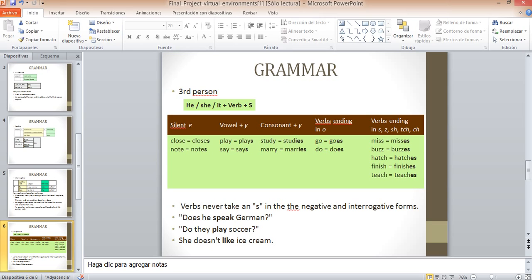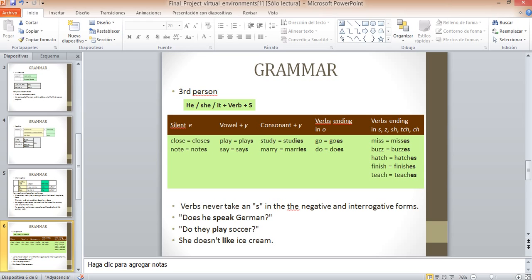For example, close, closes, and note, notes, as we see here in those words. If the word is ending in y after a vowel, for example, play, we add an s, like we see here.